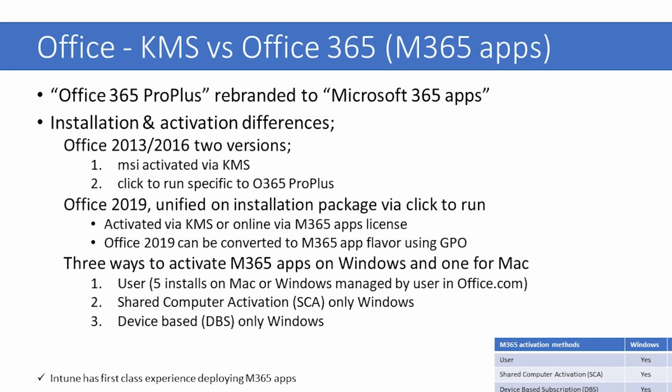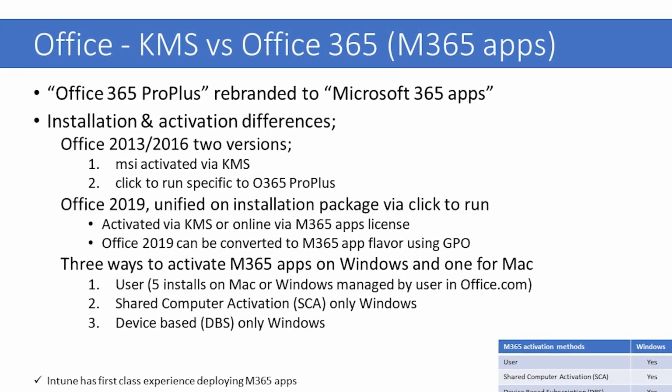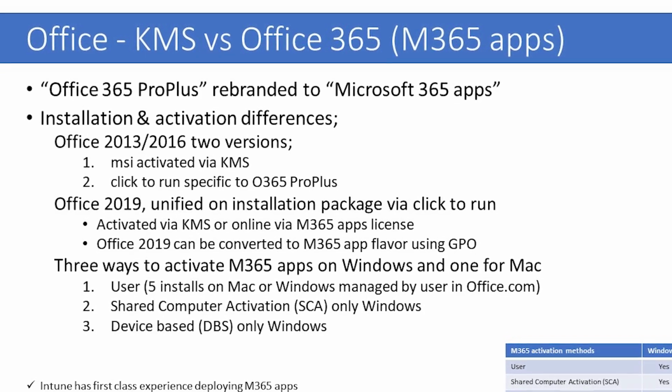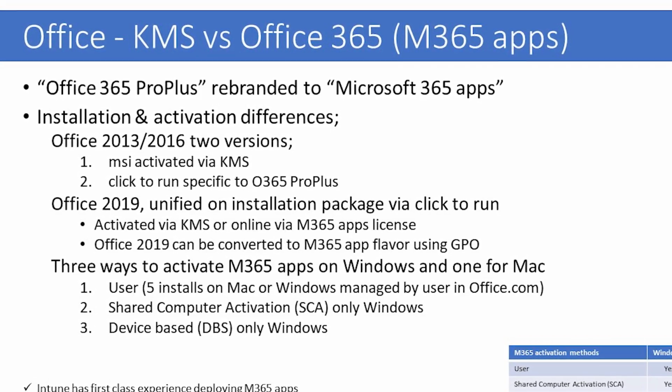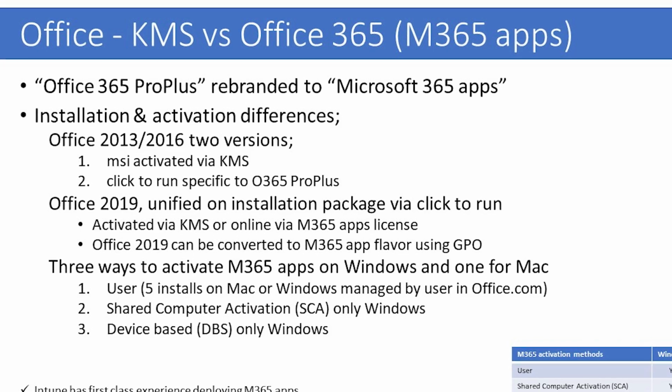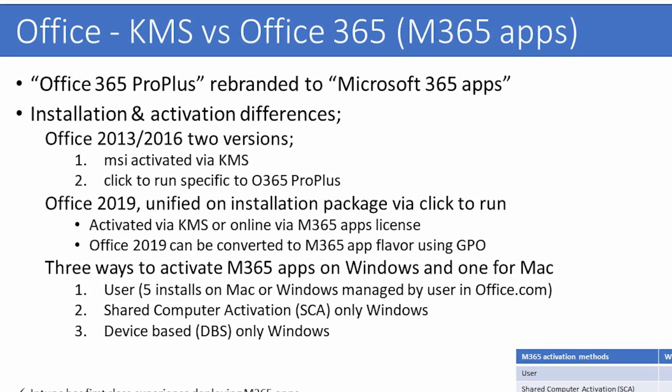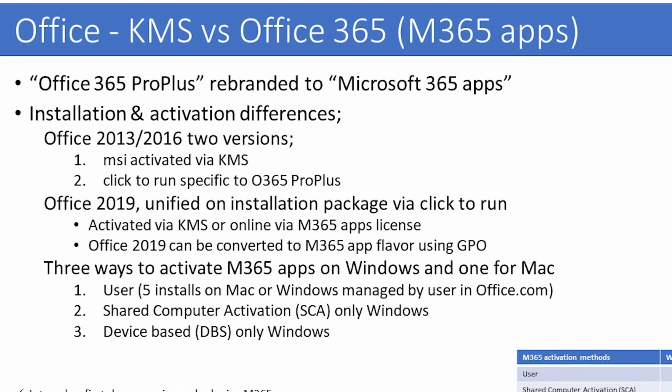It could be licensed via user, shared computer activation, or device-based licensing. And it's also cloud connected, so it's receiving monthly updates and new features and new capabilities, where KMS is really just a snapshot in time. It works good, but we've evolved from that.